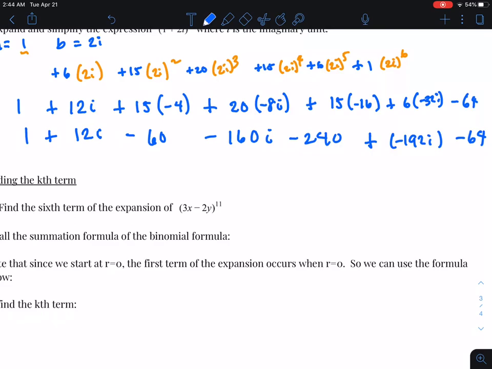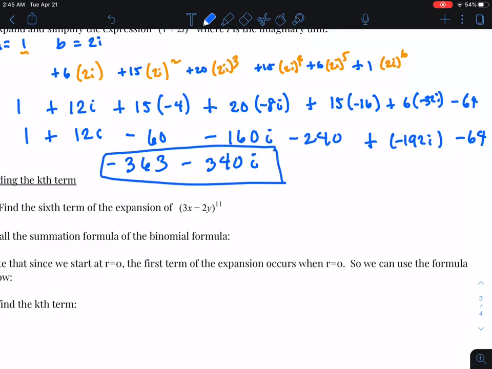So we got negative 363, 12 minus 160 minus 192 minus 340i. Okay, and that's how we do that imaginary number.